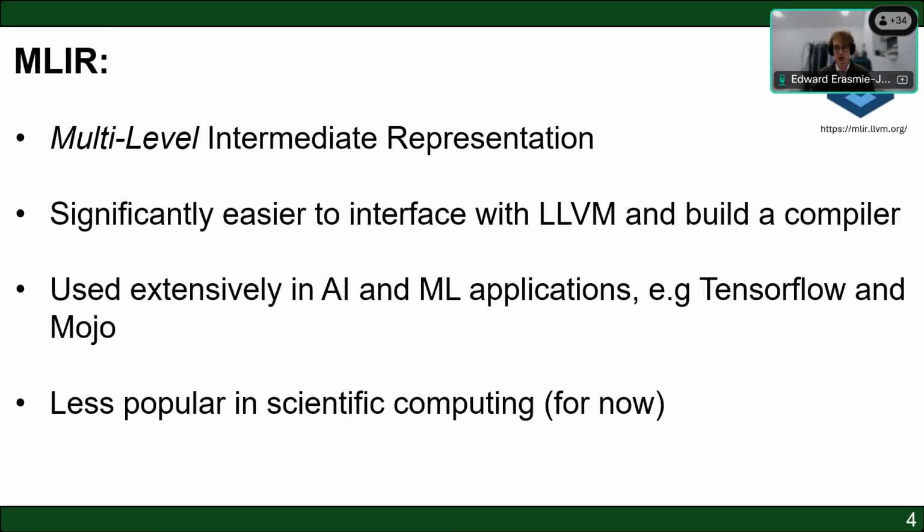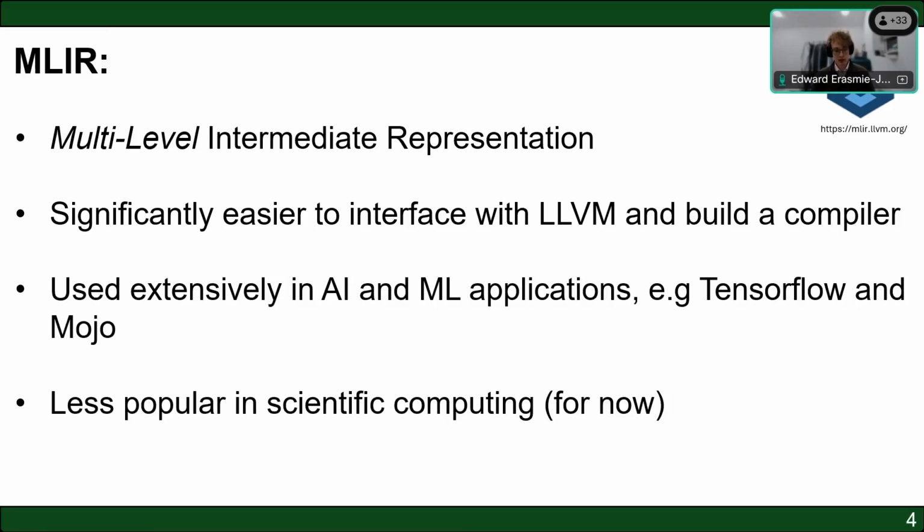To this end, we have MLIR, which exists in the LLVM umbrella, and it stands for the multi-level intermediate representation. Now, how this works is by having several different abstraction layers of different operations that can be lowered and converted between. We'll see more what I mean by that in the next slide.